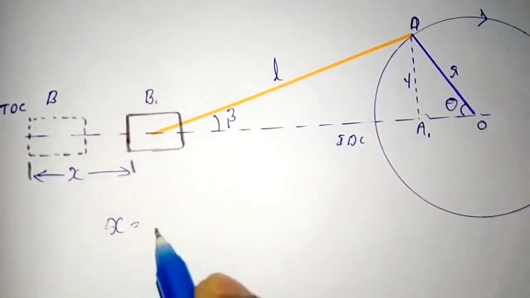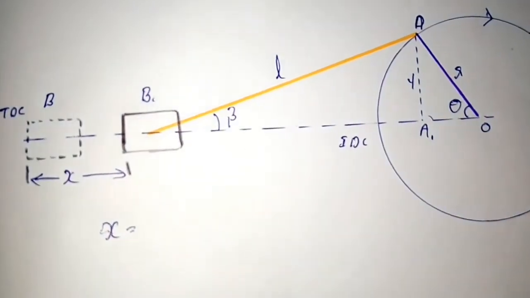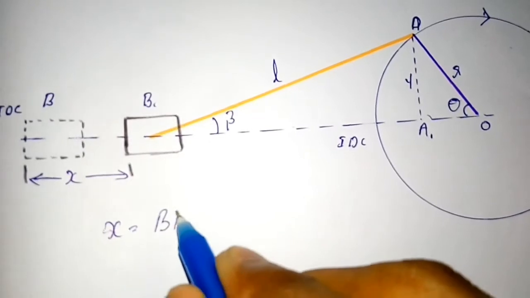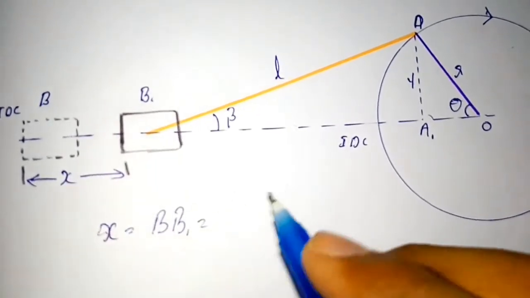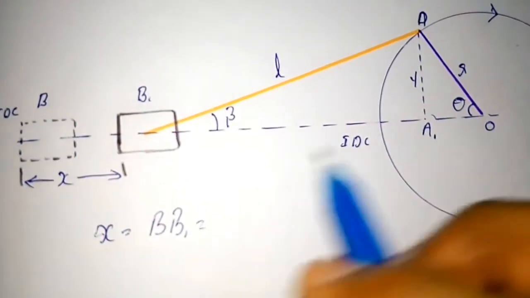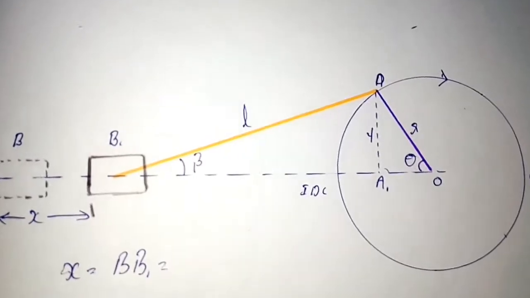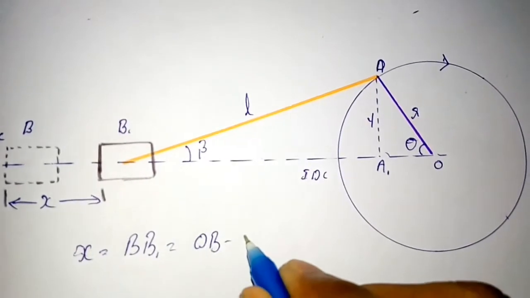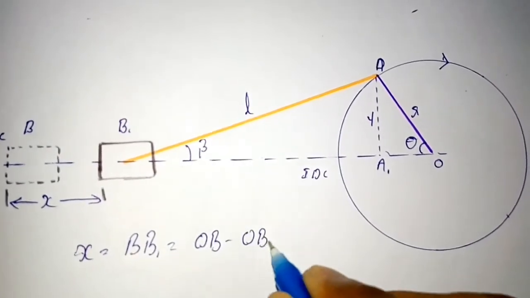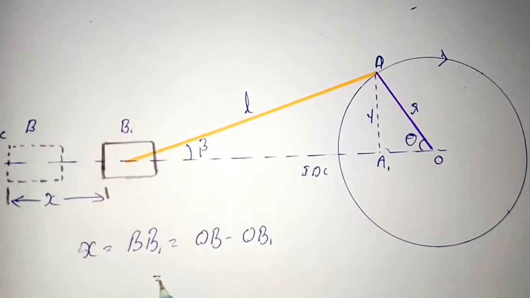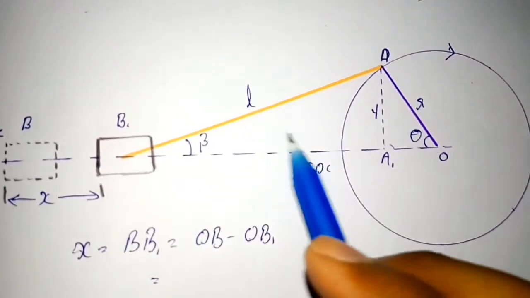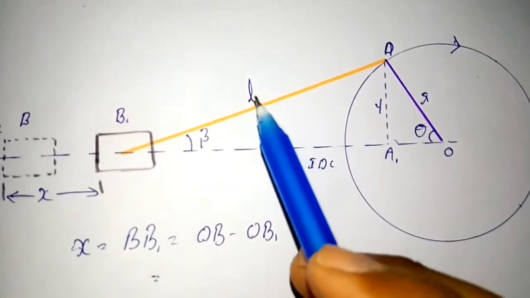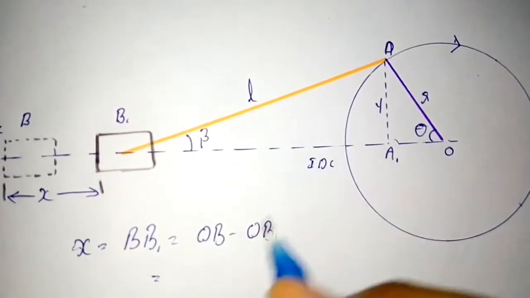So we can write x is equal to BB1, right? And we can replace it as OB minus OB1, and we can replace OB with L plus R, because when the piston is at TDC, the total length will be the length of the connecting rod plus the radius of the crank.